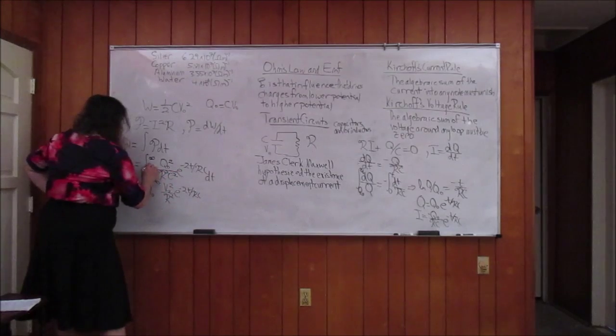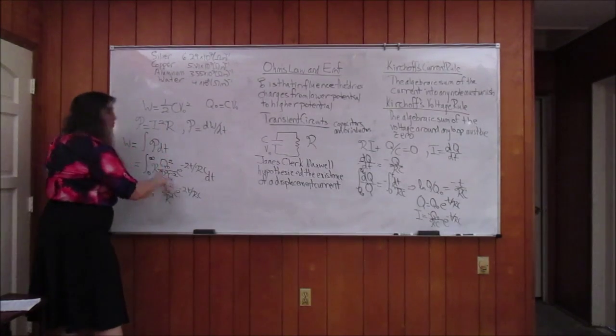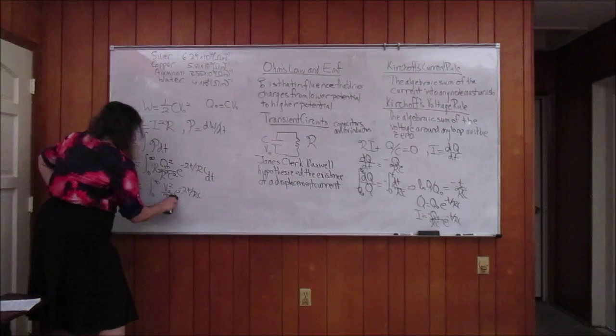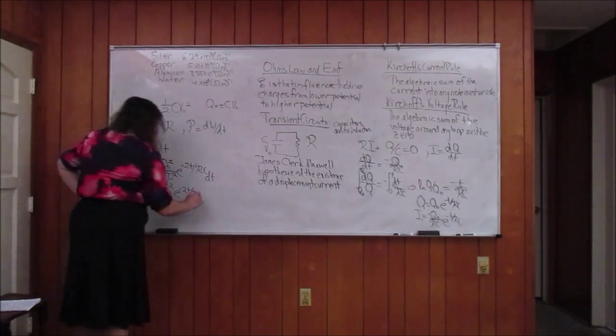And also times resistance as well. So we've got I squared times R, and that takes care of one of the R's in the denominator.